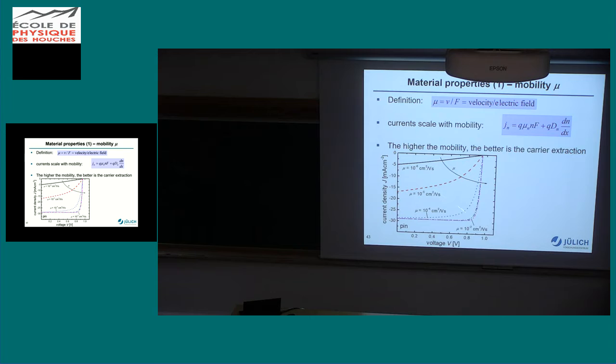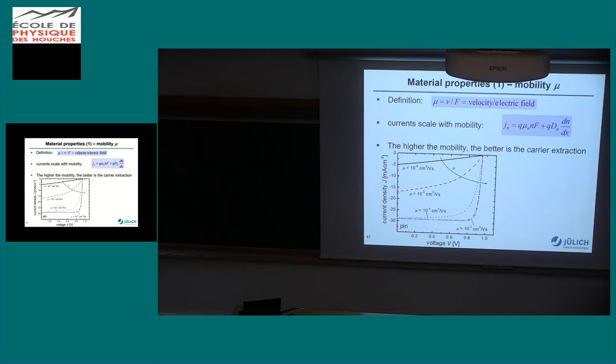So you're happy with relatively low mobility. That's orders of magnitude lower than you have in silicon and gallium arsenide or in the perovskites or in CIGS. But what I mentioned before, you can see here, that's a PIN structure, very basically simulated, just making a few assumptions on band gap, absorption coefficient, mobility, and lifetime.